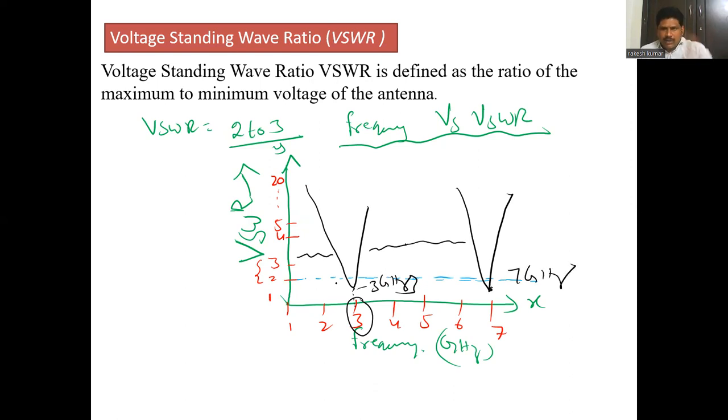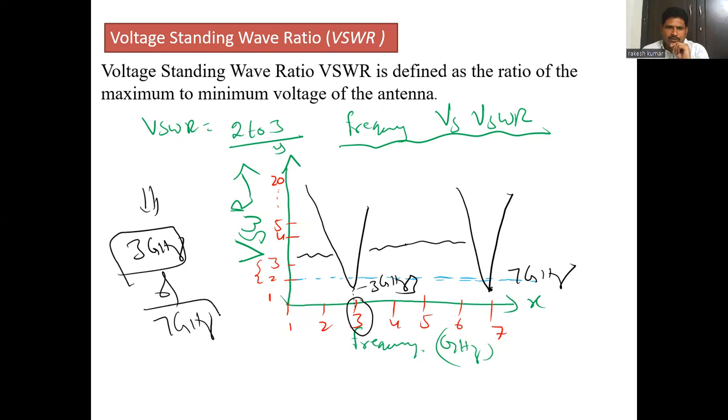Only where the graph comes below 2 do we consider the antenna to be operating at that frequency. So this antenna is operating at 3 gigahertz and 7 gigahertz, which means it is operating at 2 frequencies.